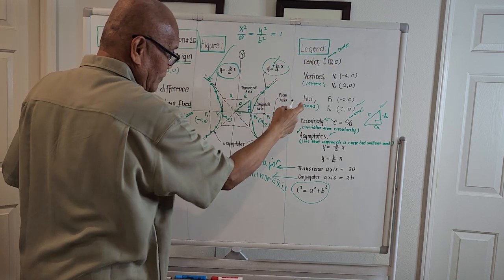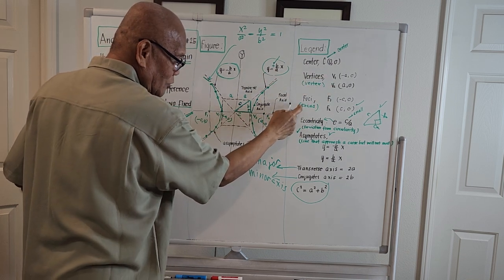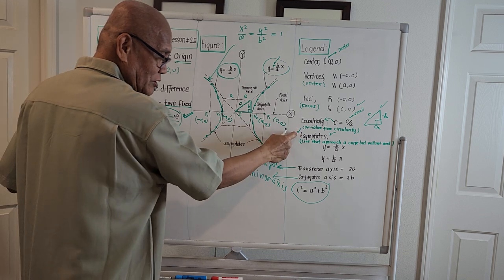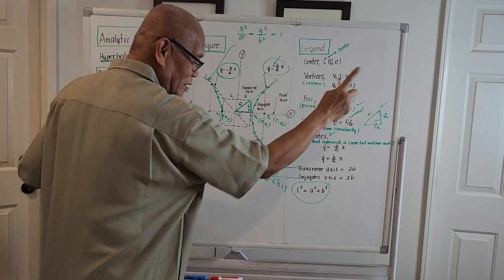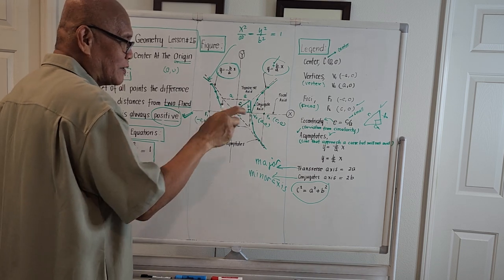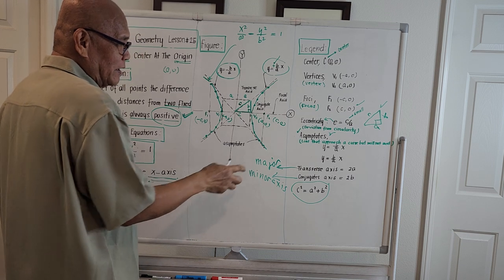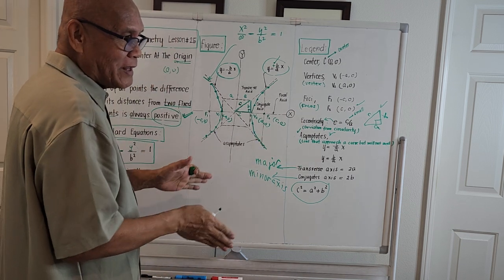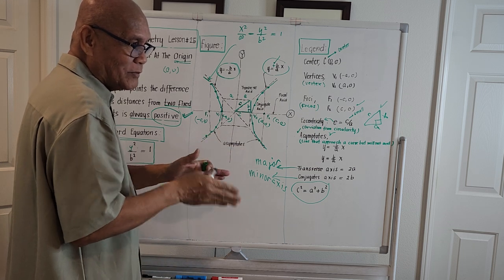Center at 0, 0, vertices, vertex number 1, number 2, focus or foci, focus number 1, focus number 2, eccentricity. For a hyperbola, eccentricity will be the ratio c over a. And what is eccentricity? It's the deviation from circularity. How far is it from the circle? And asymptote, the definition of asymptote is a line that approaches a curve but will not intersect or meet that curve.